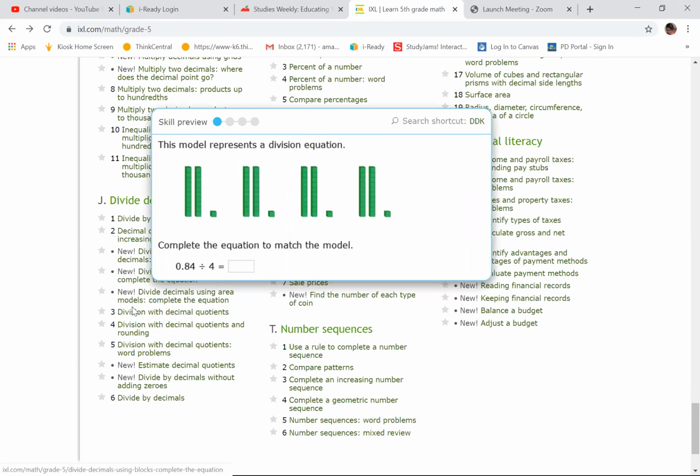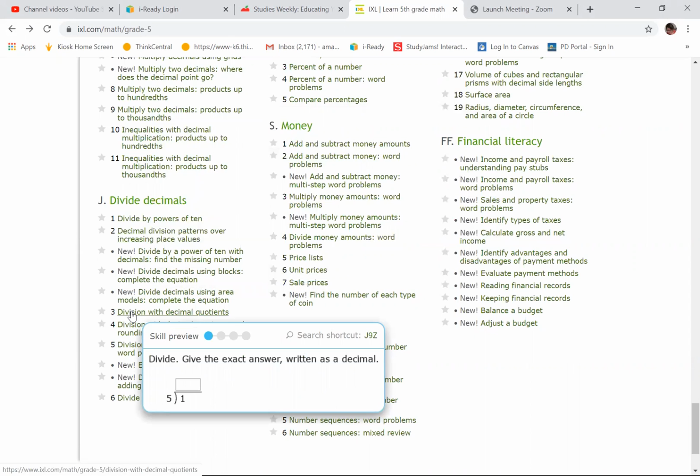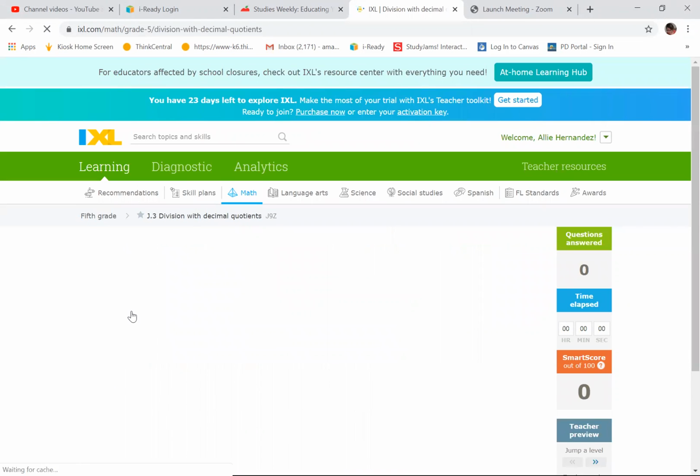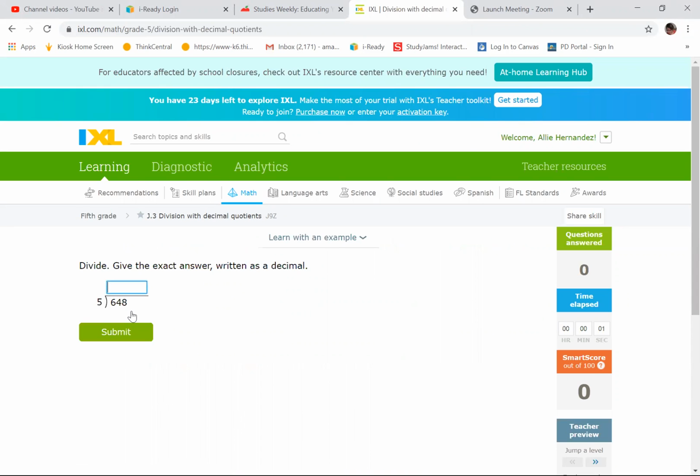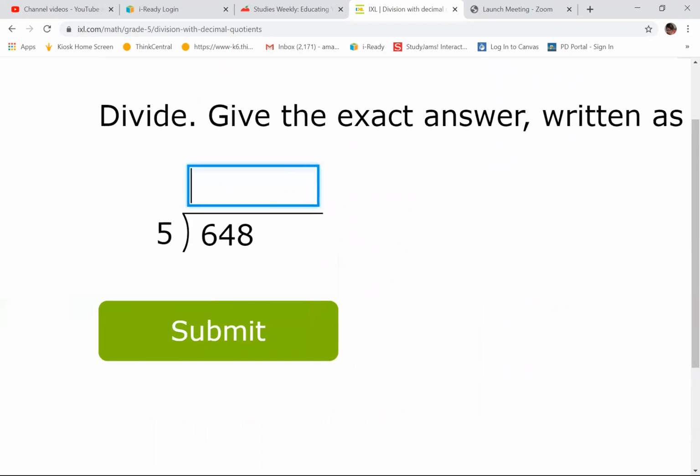Okay, I want to do this one here. All right, write your answer as a decimal, they're telling us.